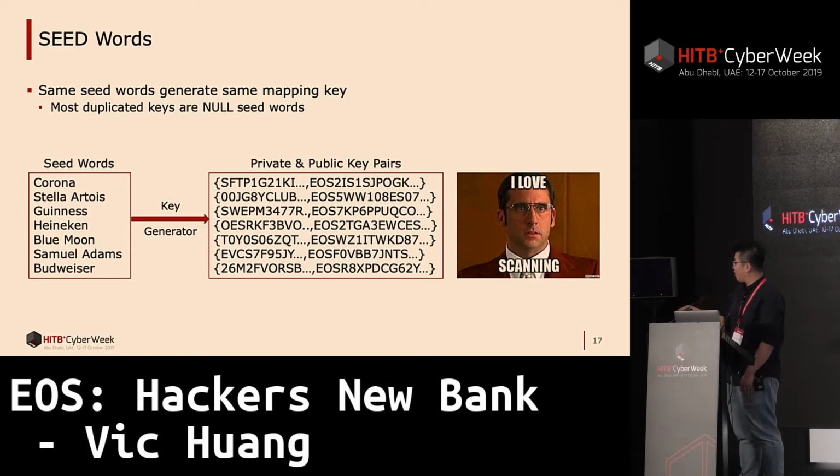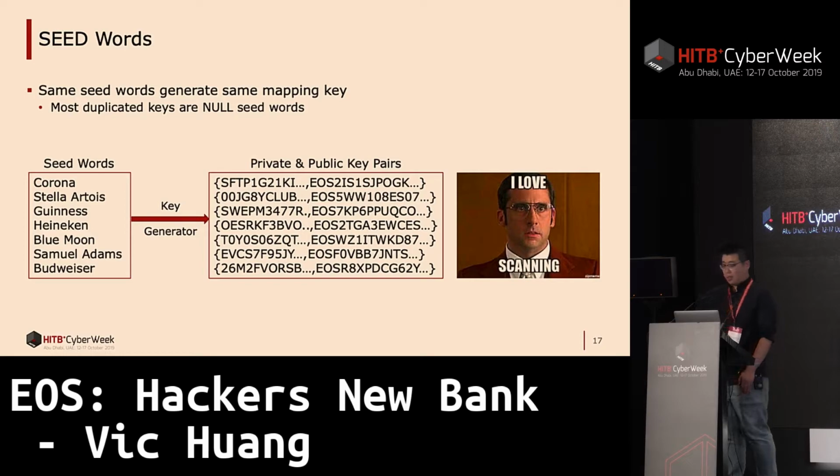The example is about brands of beer. When you generate the list like that, here's a private key and public key pair. This EOS public key is your wallet address.